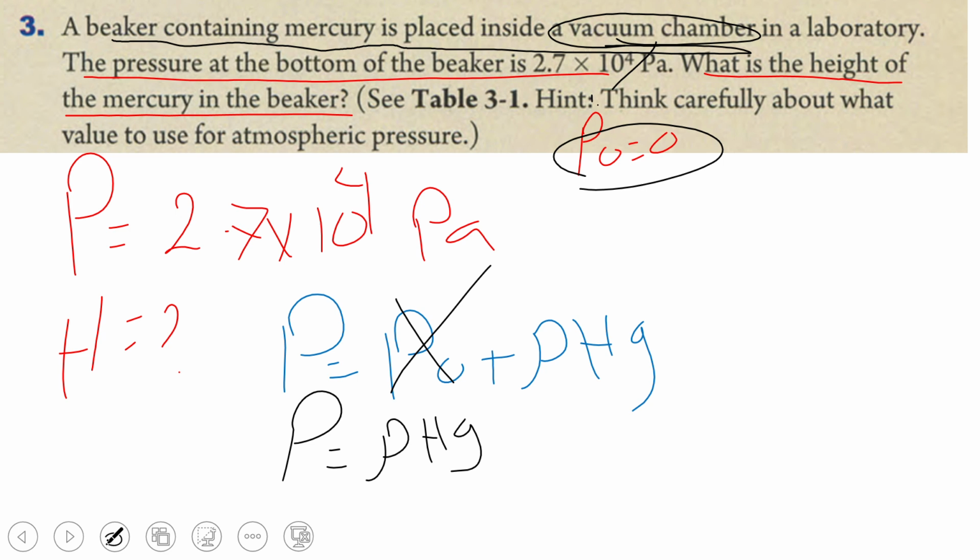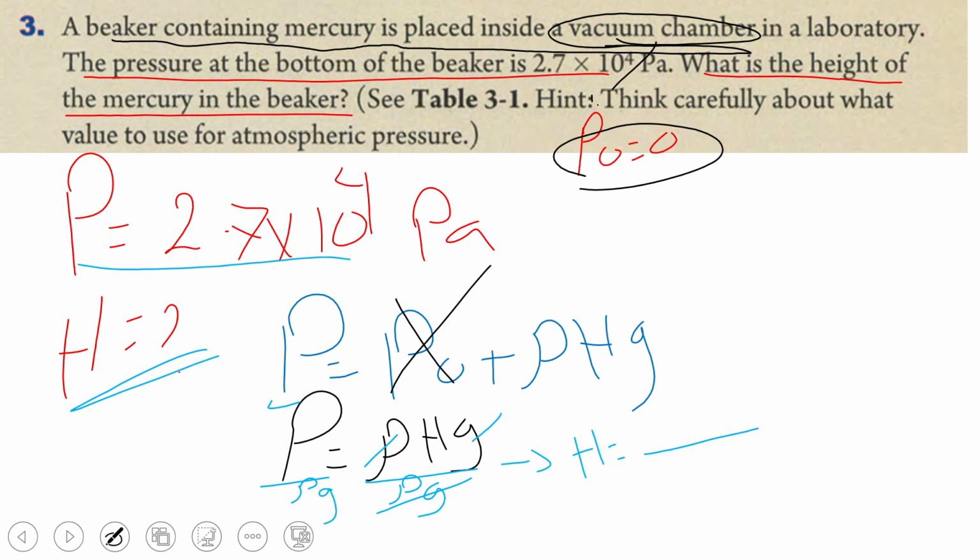The question said find h. How can we find h in here? Divide both sides by rho g, so the rho g cancels. h is left. h is equal to this pressure, 2.7 times 10 power 4, over the density, but of the mercury.